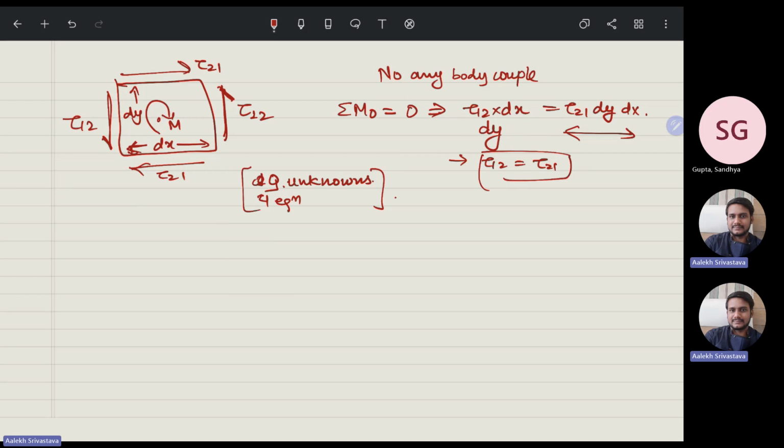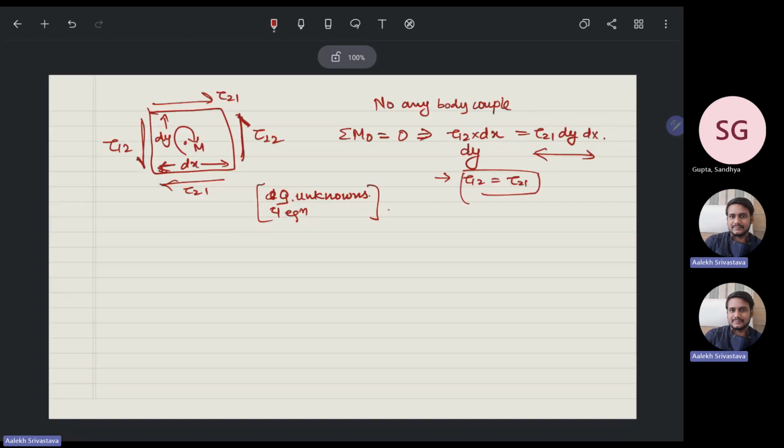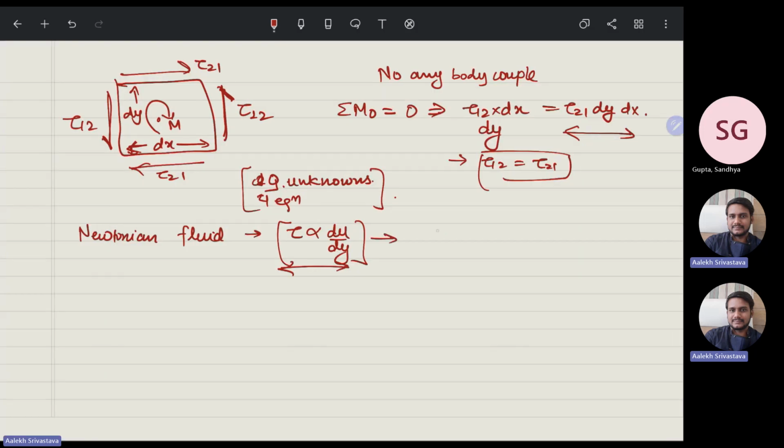Now we will try to develop this shear stress part, tau ij. We apply the assumption of Newtonian fluid, which says that shear stress is directly proportional to velocity gradient. If you apply this and solve, your equation will turn out to be, I would say, 5 unknowns.